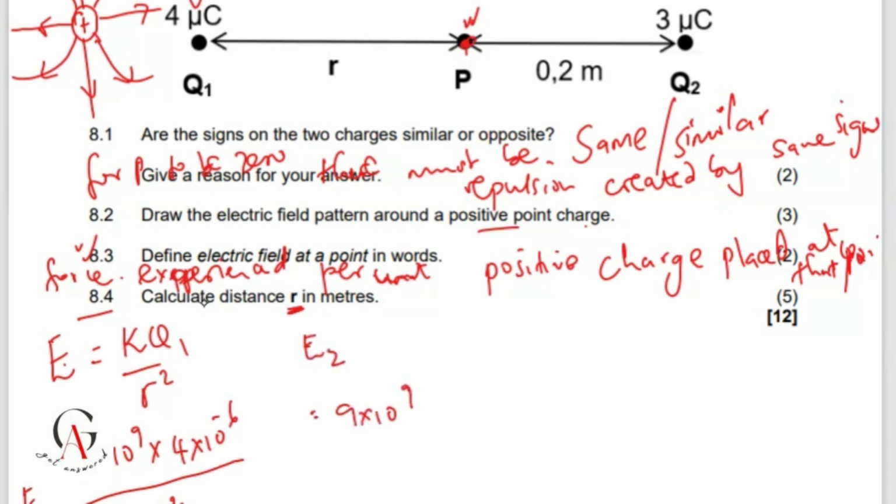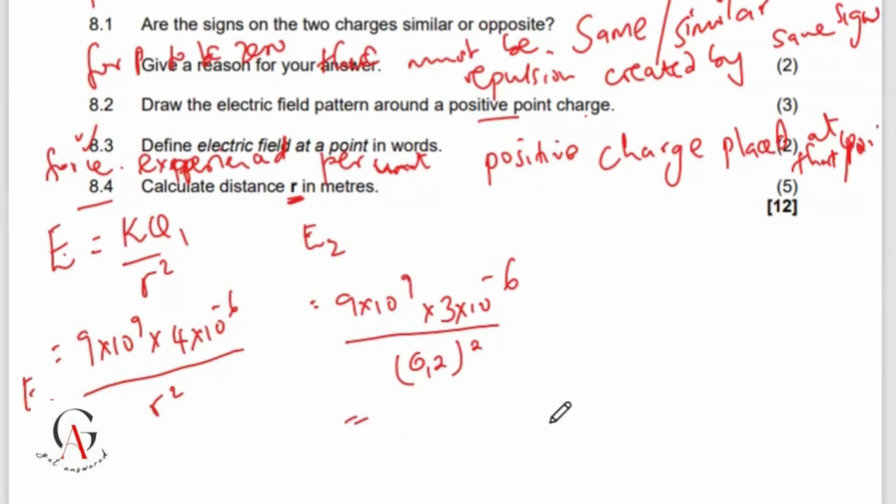So 9 times 10 to the 9 times 3 times 10 to the negative 6. I'm dividing this by 0.2, but squared. Remember, the signs are the same, so they are acting in opposite directions.